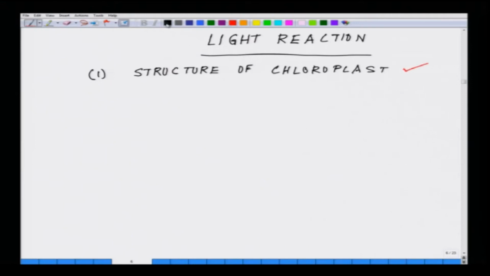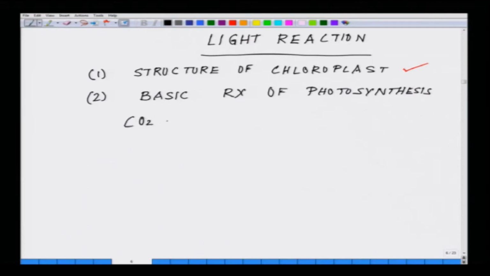The second thing we'll be dealing with is the basic history of photosynthesis, or rather, first of all, the basic reaction of photosynthesis, which we have already highlighted, CO2 plus H2O forming CH2O plus oxygen.